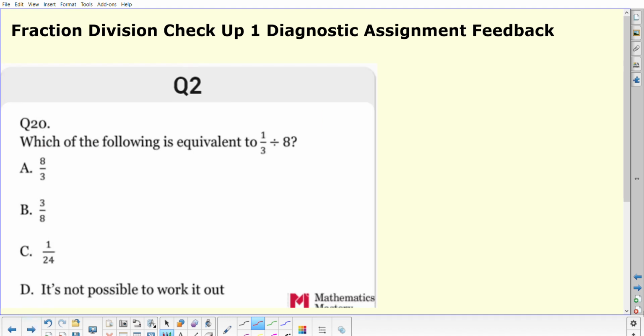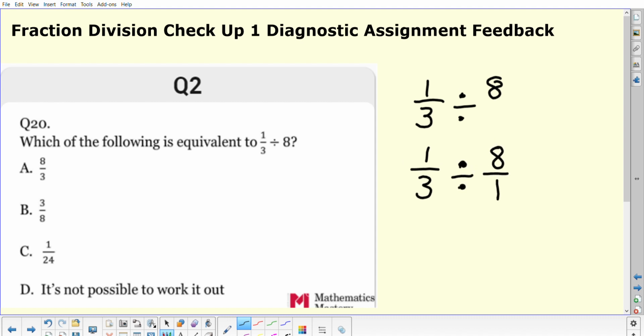So number 2, which of the following is equivalent to 1/3 divided by 8? So we should first of all be seeing the 8 written in fraction form, which would take us to 1/3 divided by 8/1.